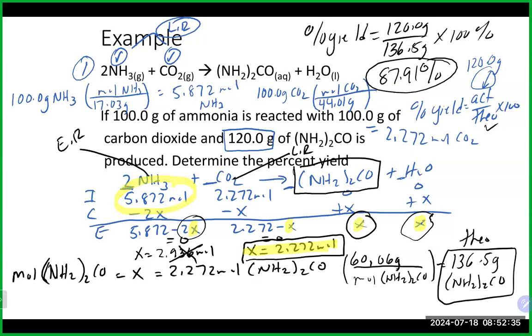Now, if you do it the non-ice table approach, where we figure out how much of one reactant we will need to use up the other one, at that point you do need to go back and use the original moles. But here, this takes it to the end and gives you the change part, which is what that X is. So definitely on the ice table approach, it's always that last number when you solve for X.